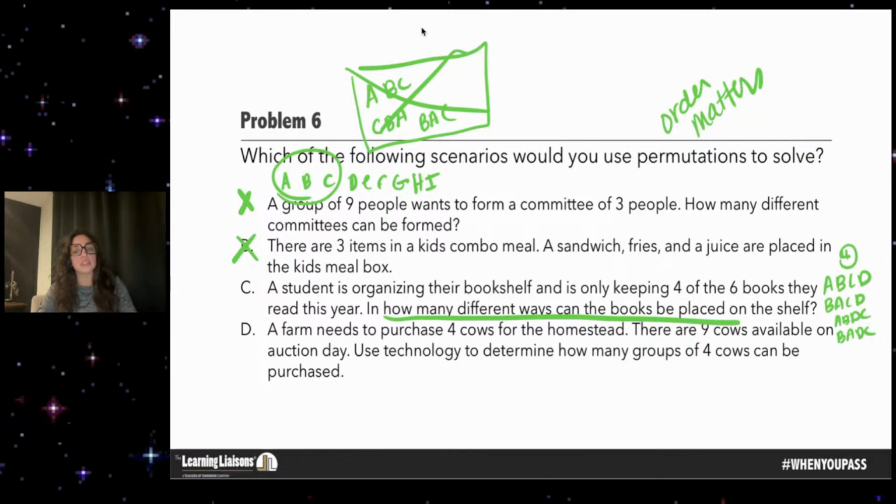So there's a lot of different ways that I could do just A, B, C, and D, but then I could also do B, C, D, and E. And so this one is where order matters.